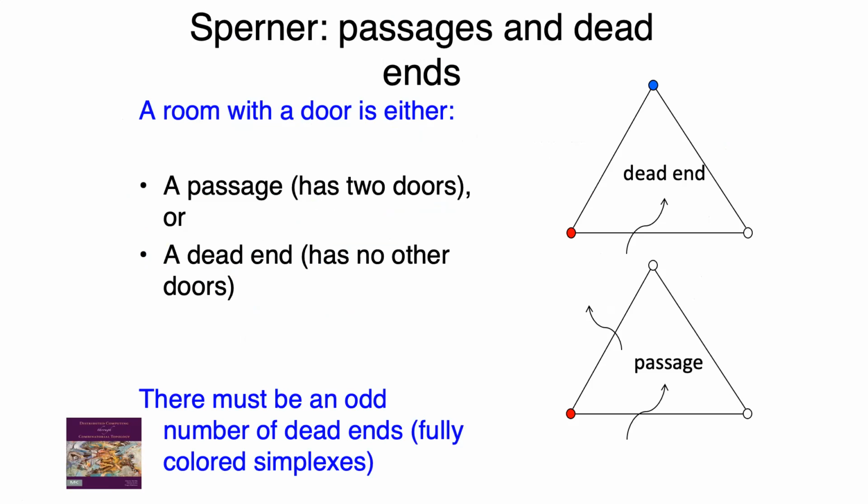You enter the room, you cannot get out, otherwise than going back. Or it's a passage. There are two doors. You enter and pass through another door. Why? Now I have my speaker enabled, so you can talk. So why can you not have more than two doors, first of all?